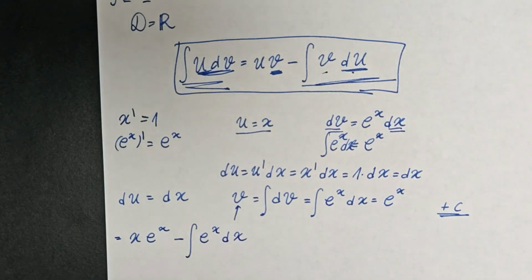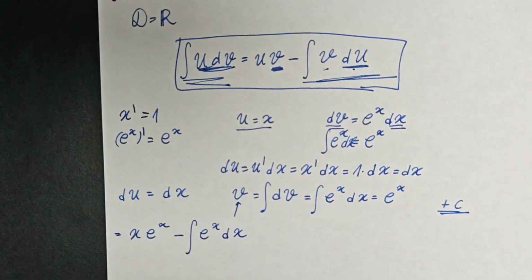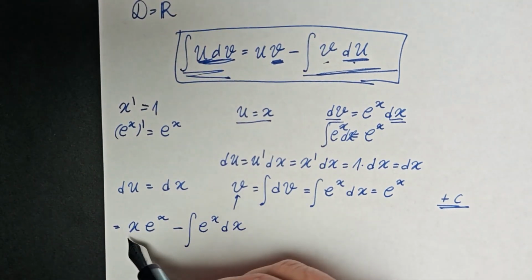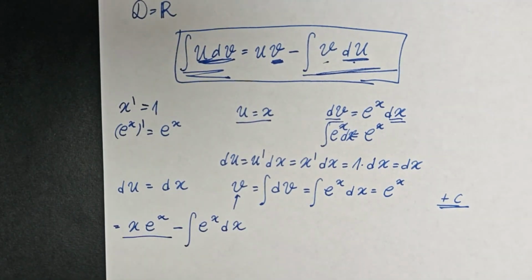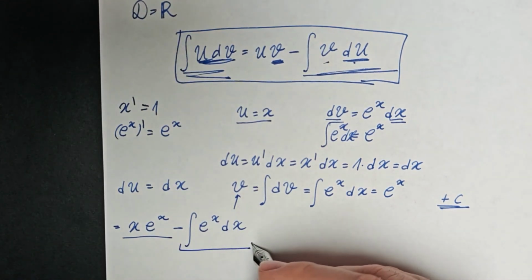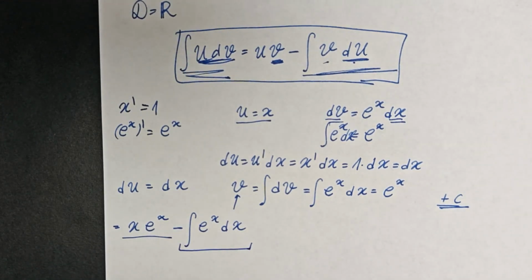Now that we have used the formula, you can observe the result which we now have. We have this function x e to the power x. There is no integral there. That is one part of our final solution. And then there is this integral of e to the power x dx, which is just a simple table integral. There is no problem for solving it.